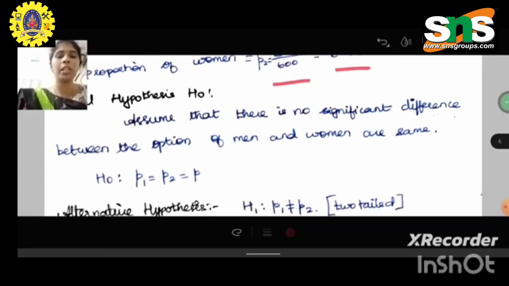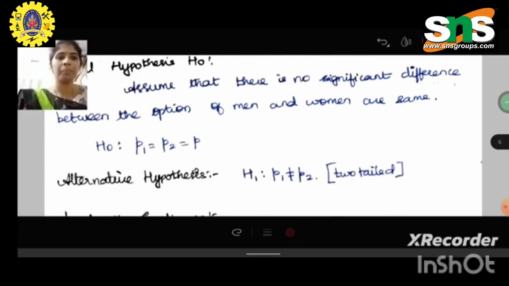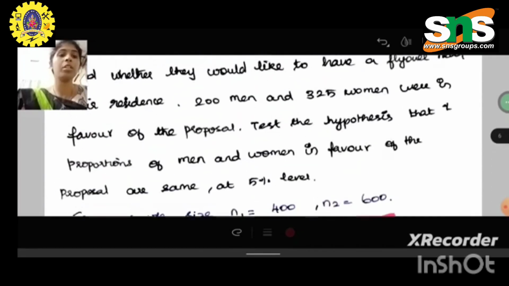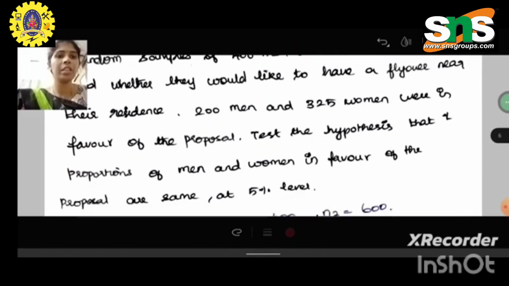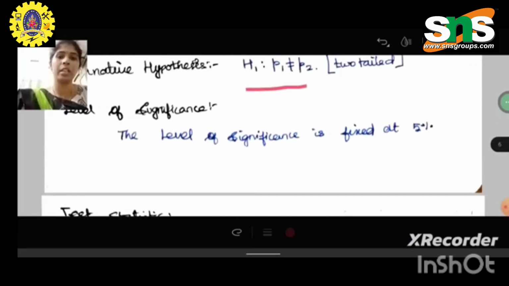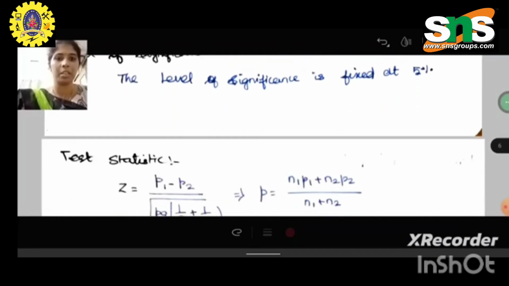Therefore P1 is equal to P2 is equal to P. Since we have taken there is no difference, we take the alternate hypothesis as P1 is not equal to P2. Since it is given in the question that we have to test at 5% level, we are taking the LOS, that is level of significance, as 5%.